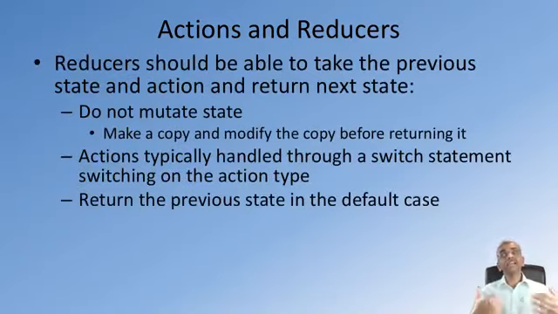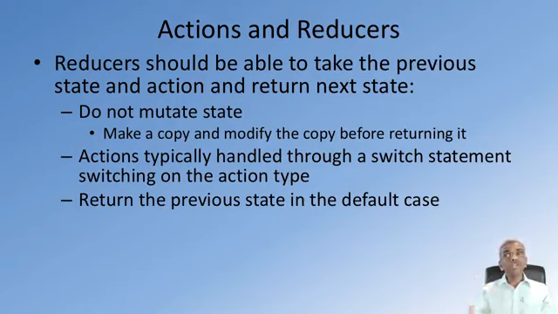and then take in the previous state, or the current state of your application, as the other parameter and then generate the new state. So the reducer should take the previous state and action and return the next state. Now, when it generates the next state, one thing that we have emphasized earlier, and I'll emphasize again, is that we should never mutate the current state.